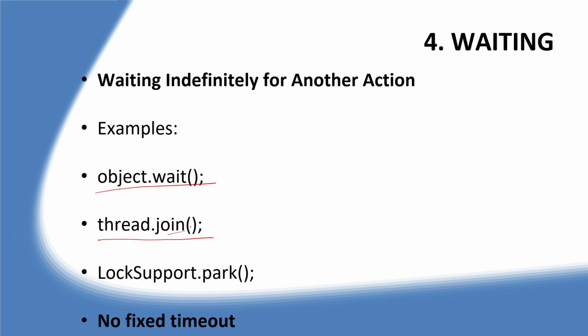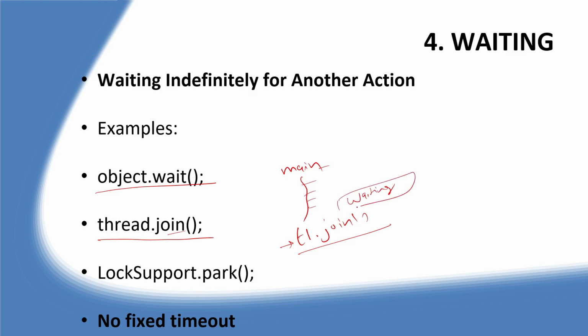Okay, we will see this in detail in the later part of this video, what join is. But for now I'm just giving you a brief. Let's say you have the main thread, and inside the main thread you are calling t1.join. So what will happen? Main thread execution will occur, and when this line executes, the main thread will go into the waiting state.